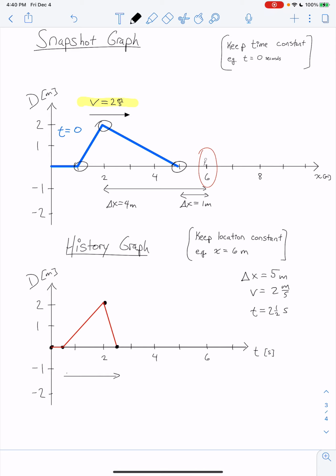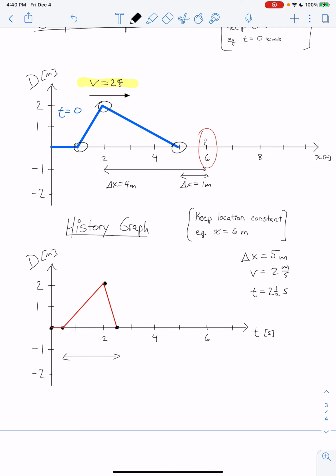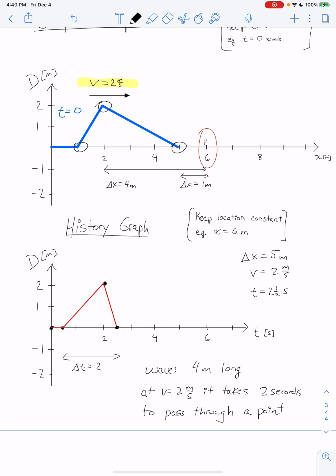We can think about the overall shape of the wave. How big is the wave? 1, 2, 3, 4. The wave is 4 meters long. At v equal to 2 meters per second, it takes 2 seconds to pass through. So our delta t of the whole wave is 2 seconds.